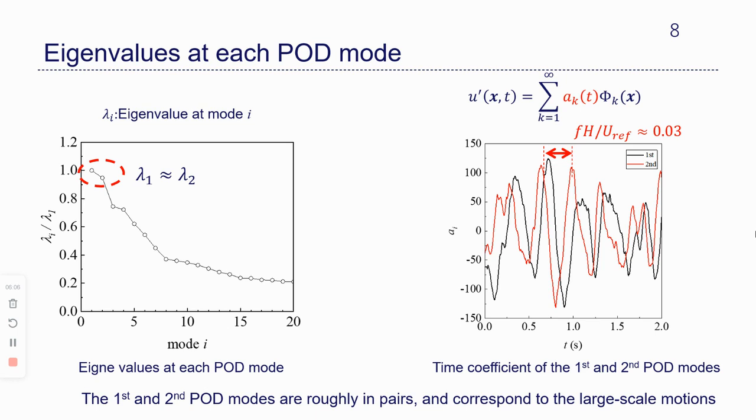And its corresponding frequency is roughly 0.03. This frequency corresponds to the energy spectral peak. So the first and second POD modes are roughly a pair and correspond to the large-scale turbulent motion. I will show you the first and second POD modes in the next few slides.